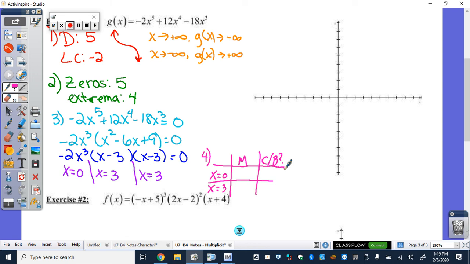So the 0, as we just said, has a multiplicity of 3, because it had the exponent of 3 there. So because it's an odd multiplicity, will it cross or bounce at the x-axis? Odd is cross. So that's going to cross. But it's going to cross with like a little wiggle, because it's not to the first. And then our 3 is there how many times? 2. So that one's going to bounce.